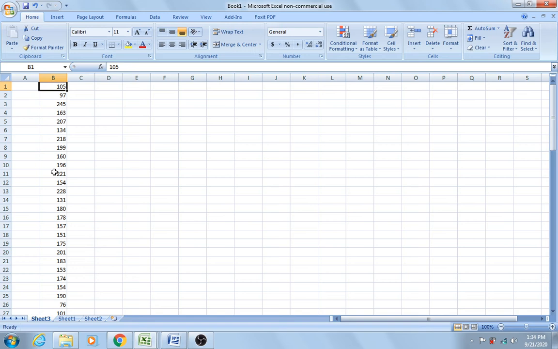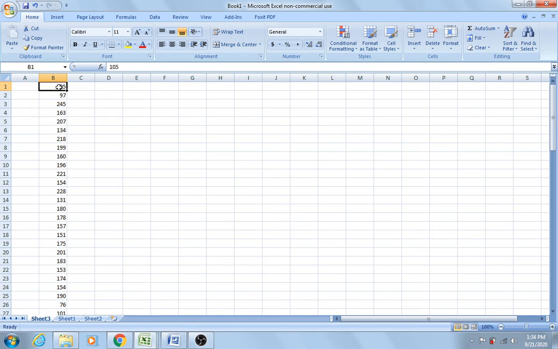Those are individual data. We have not constructed a histogram using this data, not yet, but we will let it be like this, and we will calculate the mean or the average and the standard deviation of the data.